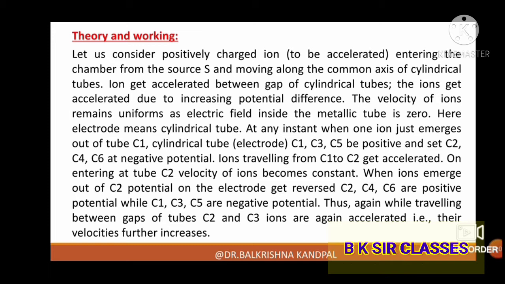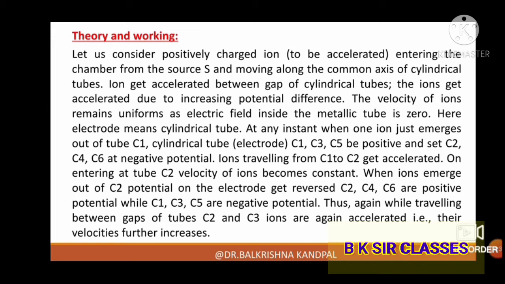At any instant, when the ion just emerges out of tube C1, the electrodes C1, C3, C5 are positive, and the other set, C2, C4, C6, the even-numbered set, is at negative potential.